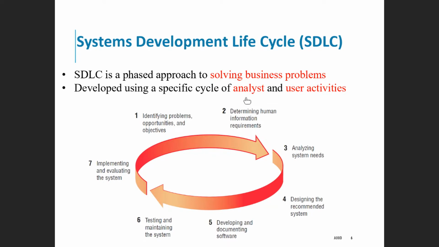So the activities for the system analyst, starting from 1 to 7, clearly what is his activity and what is his specific job. We will focus on each one, and we will give the set of activities and output expected for each one of those steps.